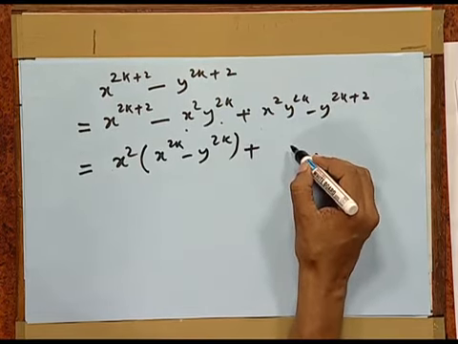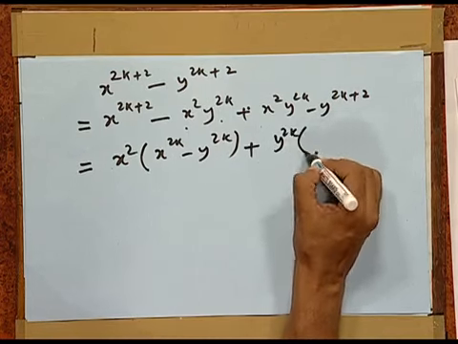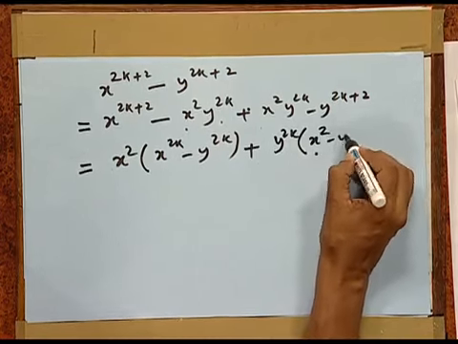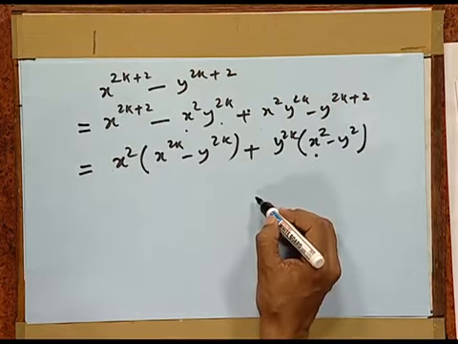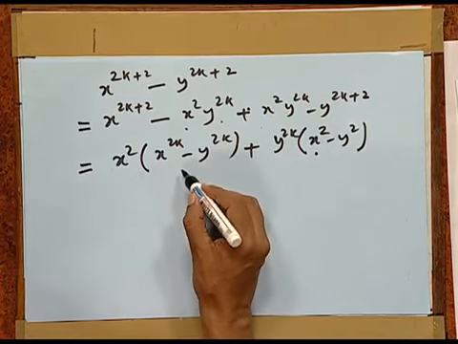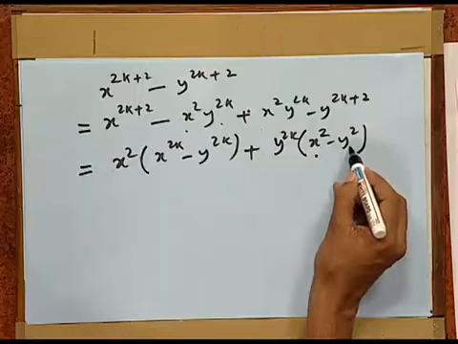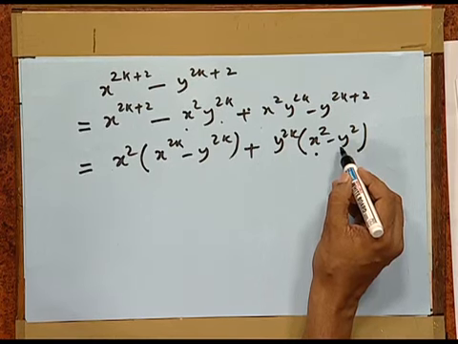In the next two terms we have y^2k common, which gives x^2 minus y^2. Now, clearly the first term is divisible by x plus y as per our induction hypothesis, while the second term x^2 minus y^2 is obviously divisible by x plus y.